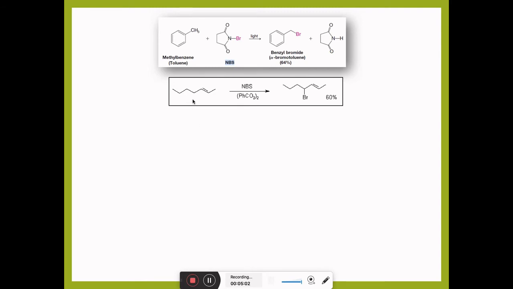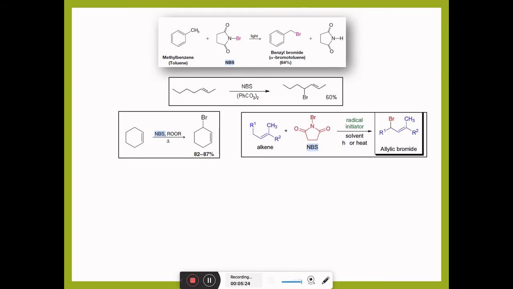If you compare the radical at this position and at this position, this is primary and this is a secondary radical. So this is the more stable radical, and that's why Br will go to the more substituted allylic position. This is a simple example where this cyclohexene, when treated with NBS, will give allylic bromination.